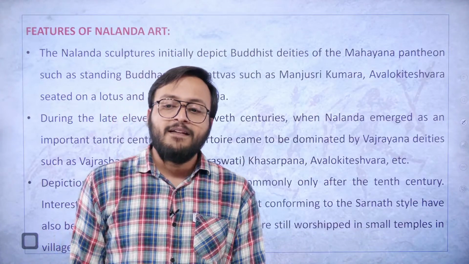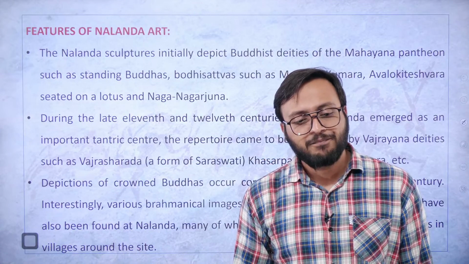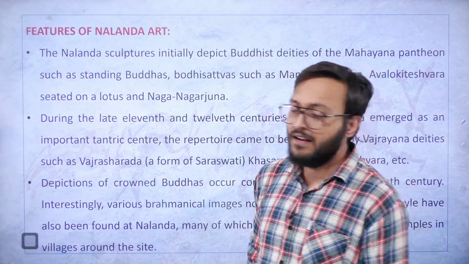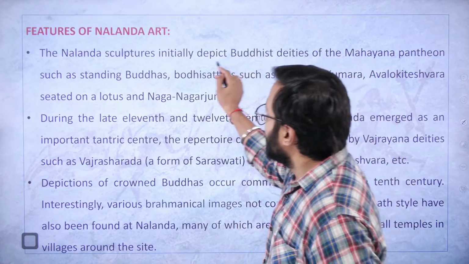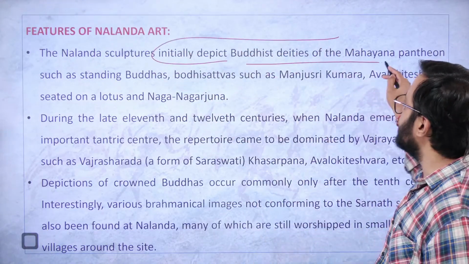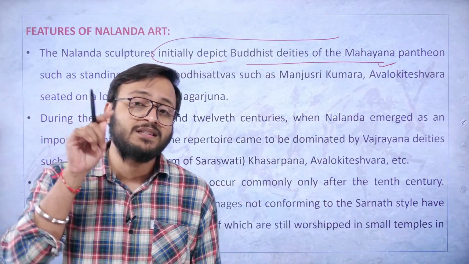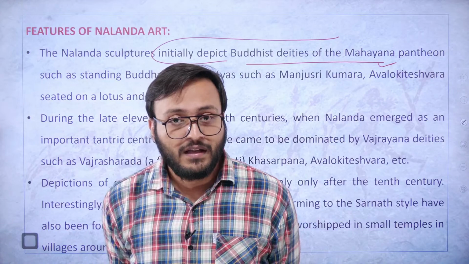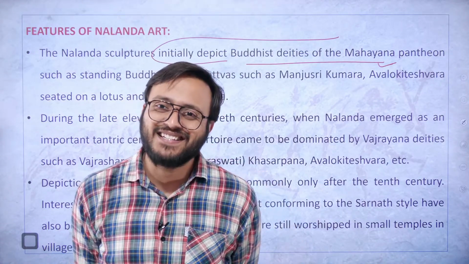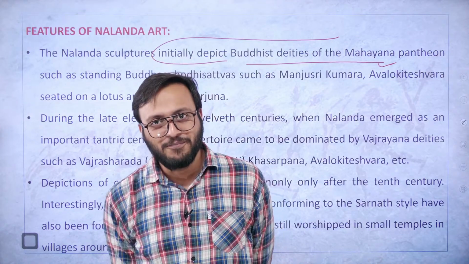All right. When we talk about the other features of the Buddhist art at Nalanda, have a look on this. Initially, they depicted the Buddhist deities. Now, remember this particular line because this line might be the part of your question paper, because these things are the exact nature of question which they ask in the real examination, but we never pay attention, so that's why we are unable to do so.